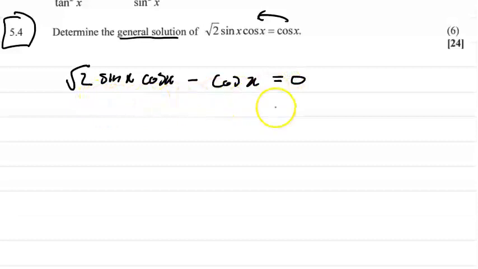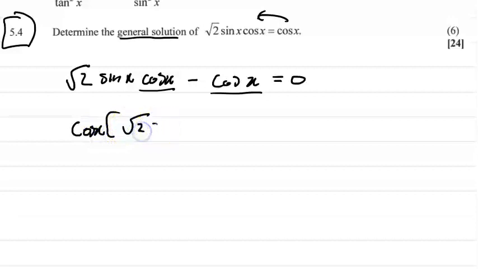All the rules for equations remember exist here, and we can now take out cos x as a common factor. So you get cos x times (the square root of 2 times sine x minus 1) equals 0. Therefore, what are we left with here?